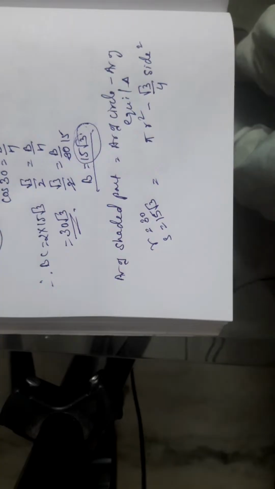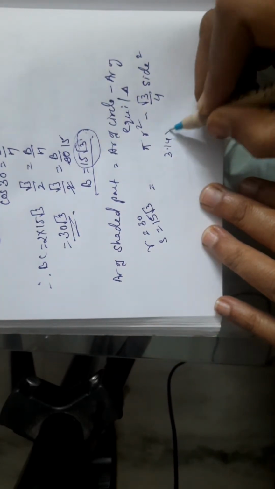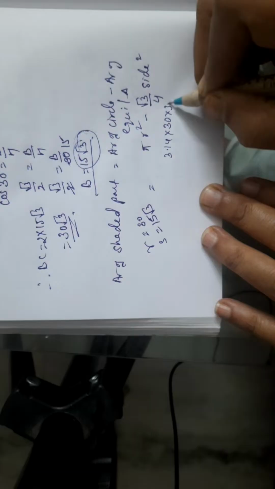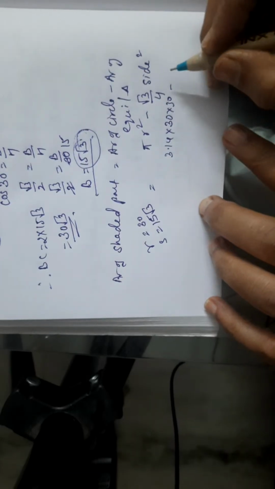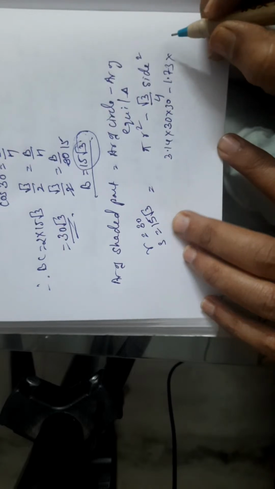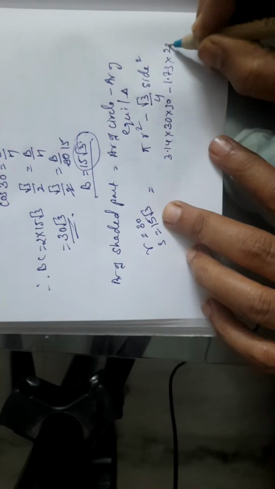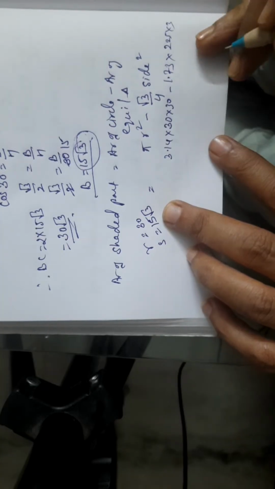In this question, pi is given as 3.14, so replace pi with 3.14. The √3 value is 1.73. Multiply by the side, 15√3. So 15 square is 225, multiplied by √3 which is 3.